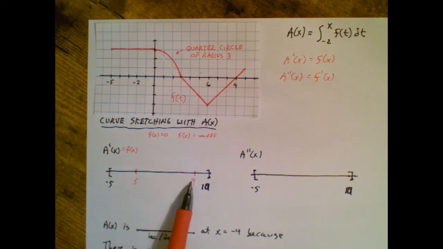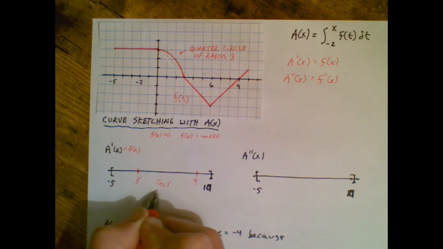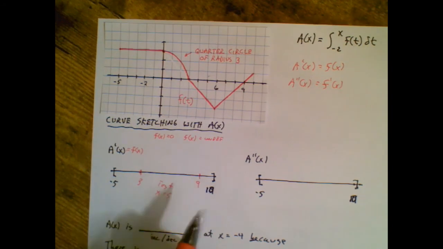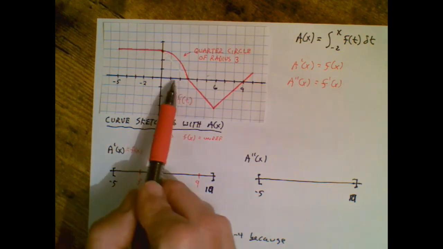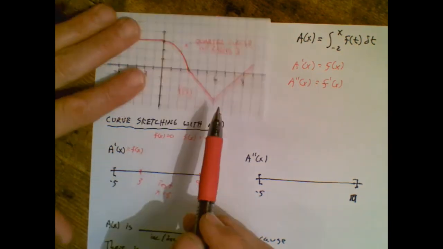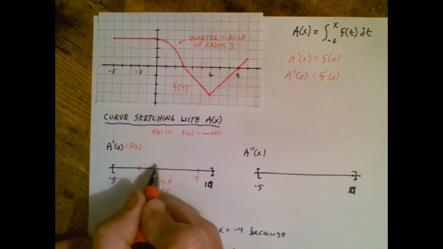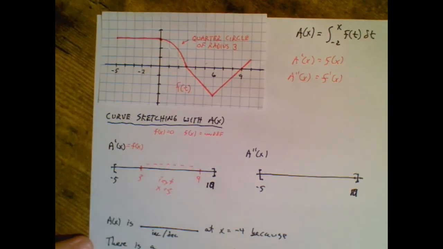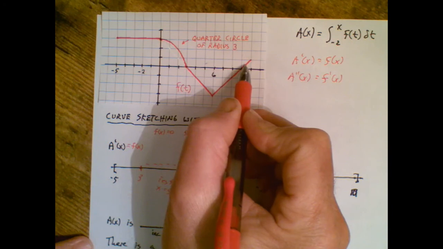So between 3 and 9, let's choose a 5. At x equals 5, A prime of 5 is f of 5. f of 5 is a negative value. So that means any number I would have picked in there would have given me a negative. I'll test 9.5 in here. That's a positive.